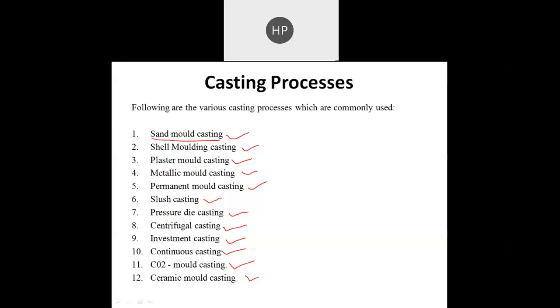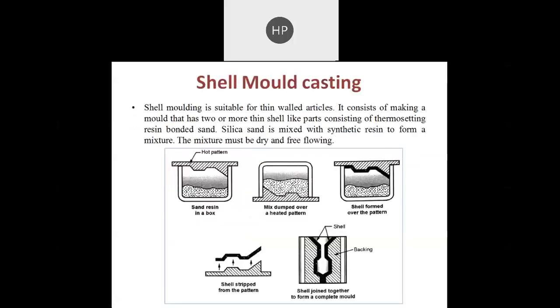So sand casting we have already discussed, and from now onwards we are going to discuss some other casting processes. So the first process that we are going to discuss today is cell mold casting.